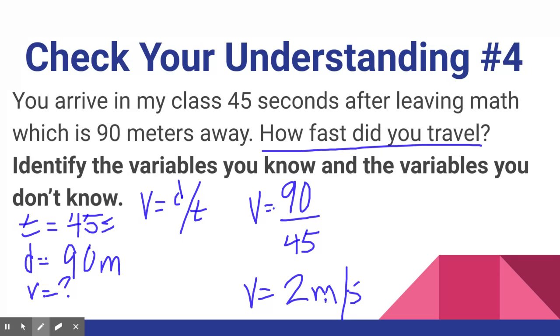Now, real quick, just again, because I did say I wanted to go over this. Why is it that speed here has the units of meters per second? Well, easy. We traveled 90 meters in 45 seconds. And really what we're trying to do is turn this 45 down here into a 1. So that's why we're dividing 90 by 45.